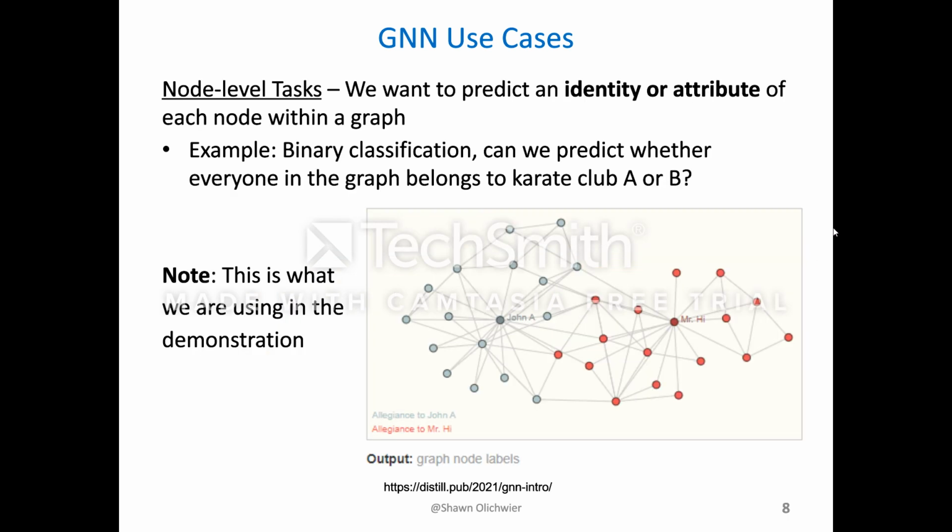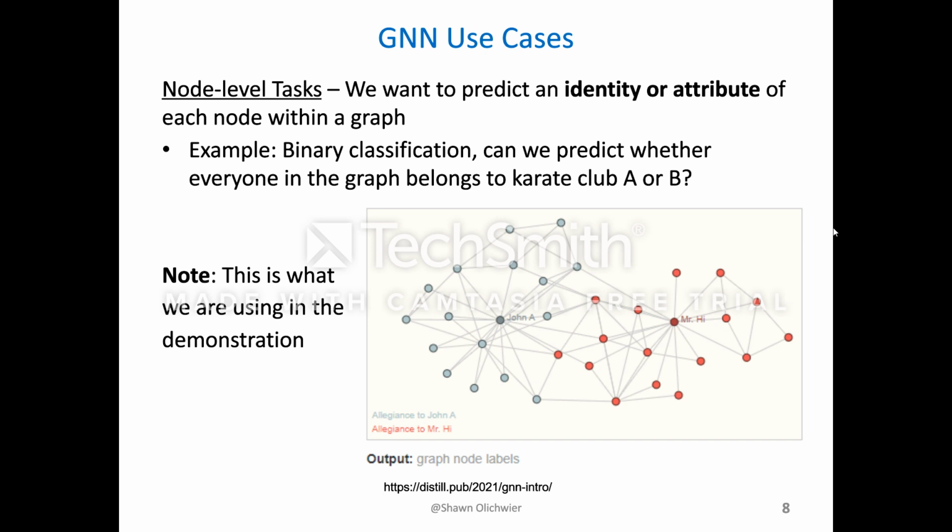Our next use case is node level tasks. If I want to predict an attribute or an identity of a specific node within a graph, that is a person, that is a place, that is something within our graph that has some property we're looking to predict. So if we do a binary classification, does each person within this karate data set belong to karate club A or B?